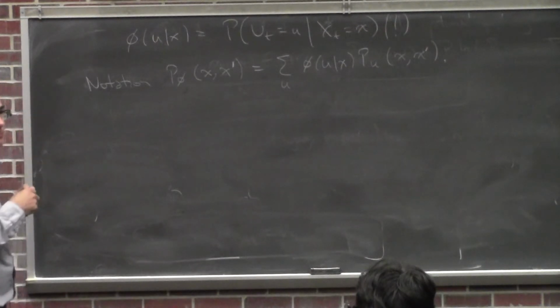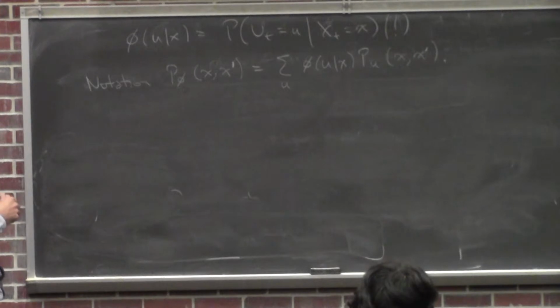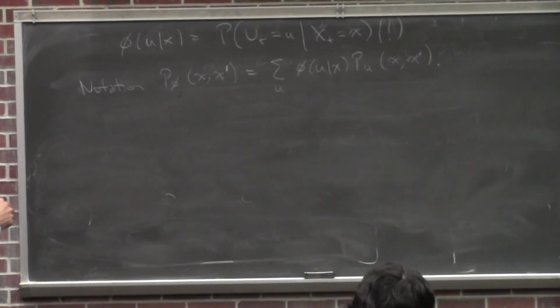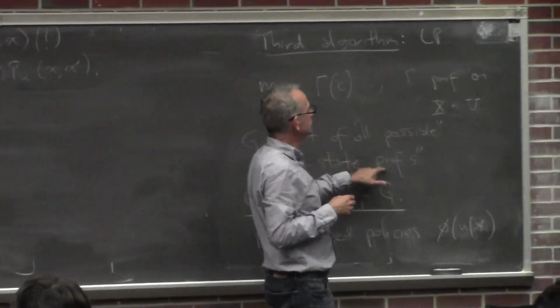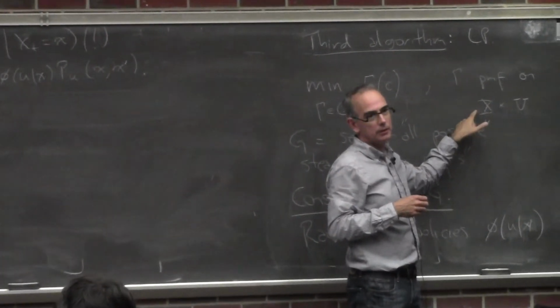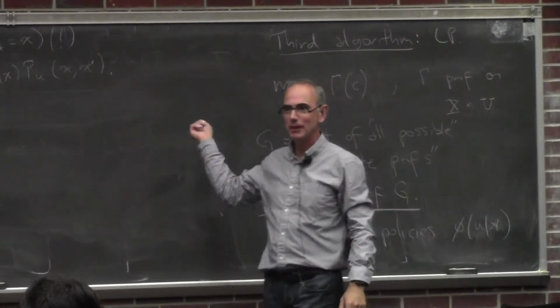So are these phi of u given x elements of G? No, G is all possible steady state PMFs on this product space, on X. But I'm about to give it to you. So that's it.